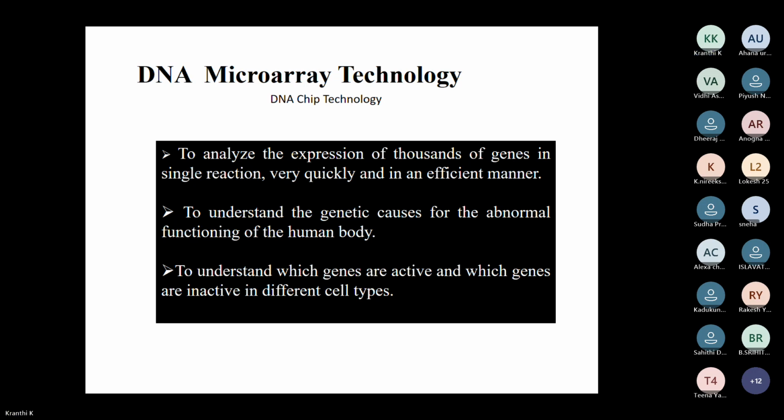So if the messenger RNA is not getting a proper message from the DNA, then it won't produce that particular protein. You will be lacking that protein, and if you lack some proteins, you will get some genetic disease, right?